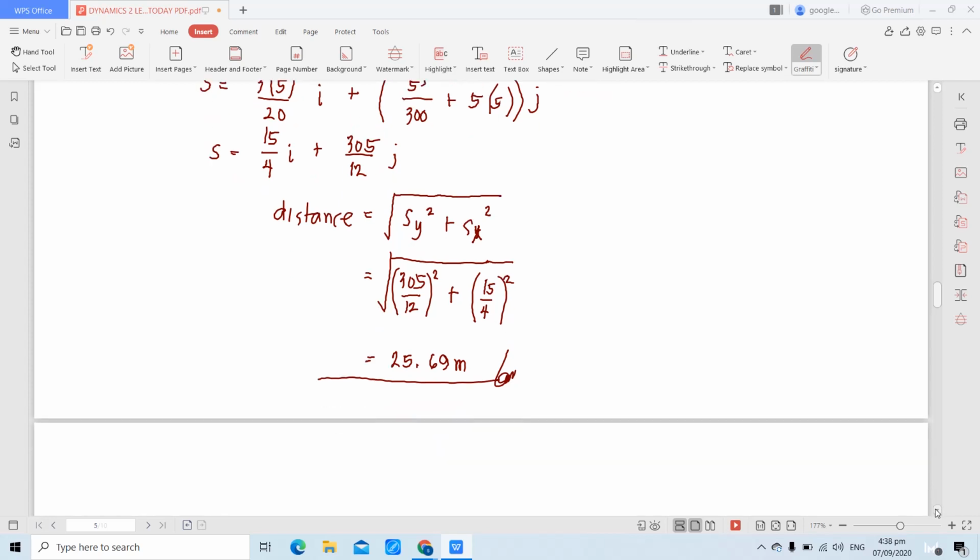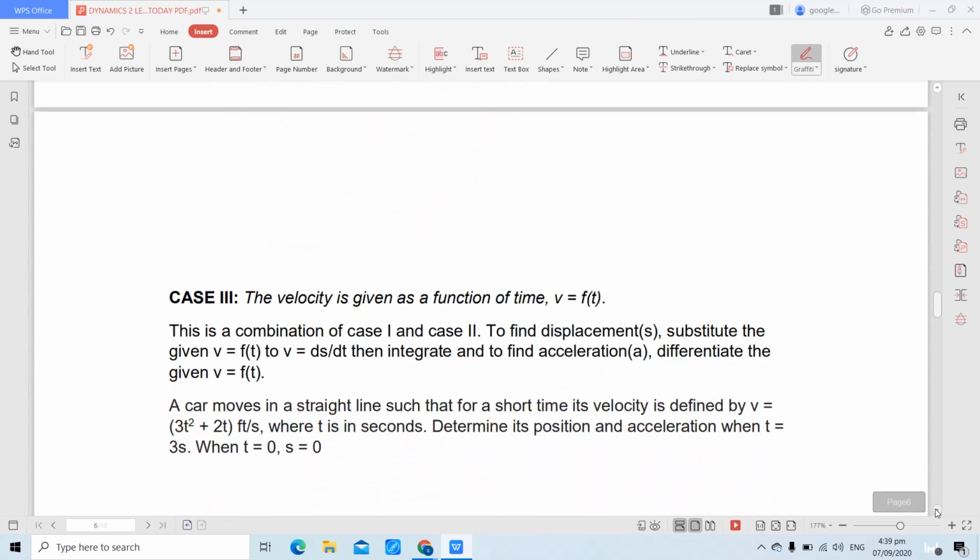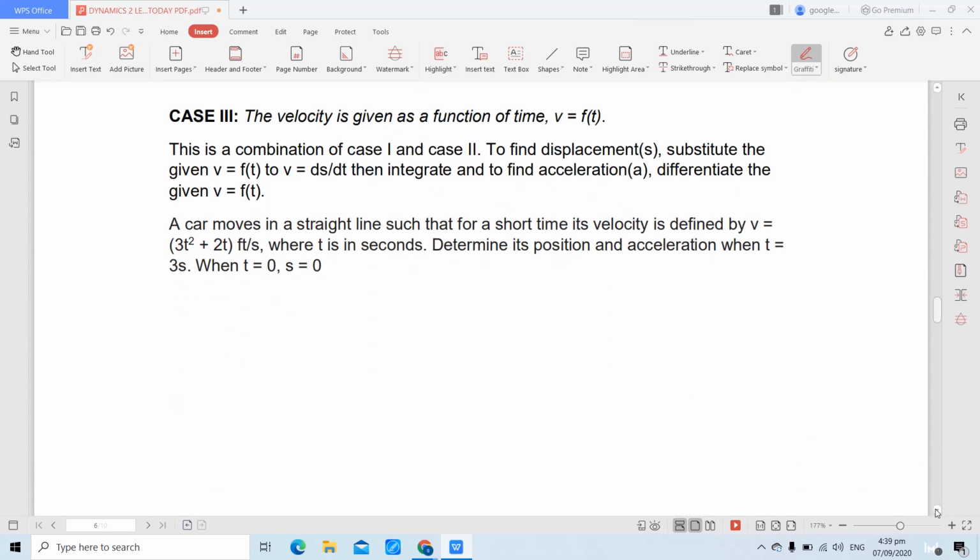Okay. Let's proceed to case number 3. Case number 3 is the combination of case number 1 and case number 2. Kapag alam nyo si case number 1 at 2, syempre, alam nyo na din dapat si case number 3. Case number 3, if we have a velocity that is given as a function of time, or v is a function of time t. Okay, this is a combination of case 1 and 2.